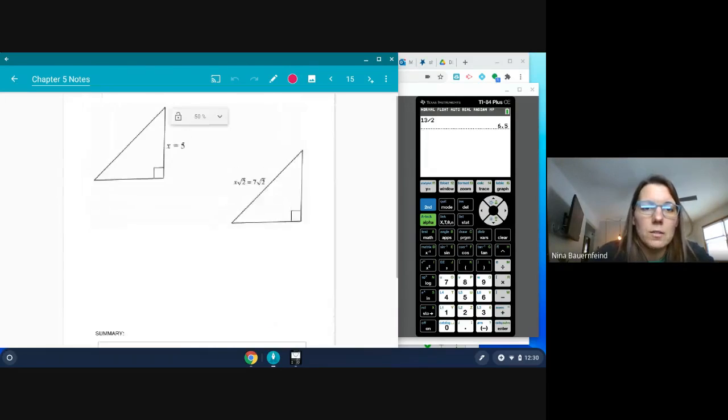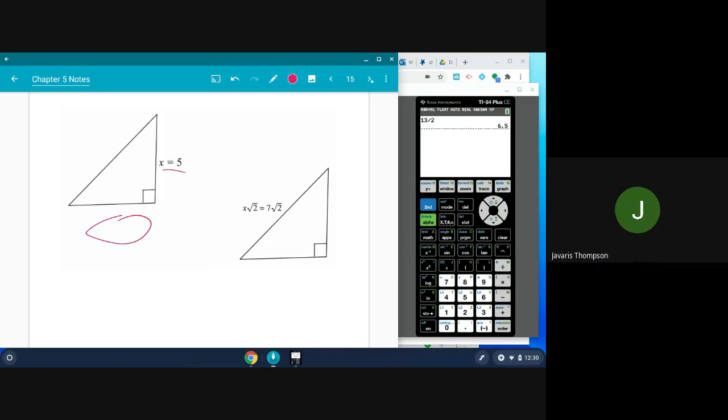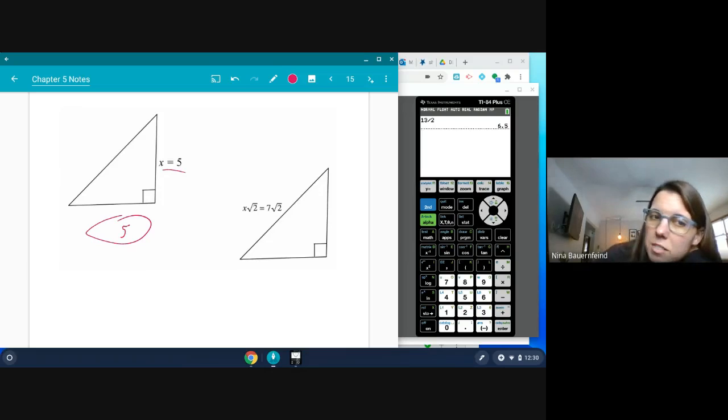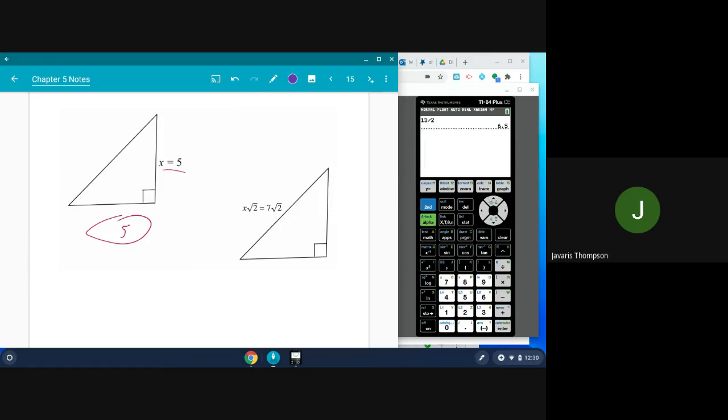So let's look at this one. Here we have a leg. What is this one going to be? Five. Yep. And what's this other one going to be, the hypotenuse? Which one?